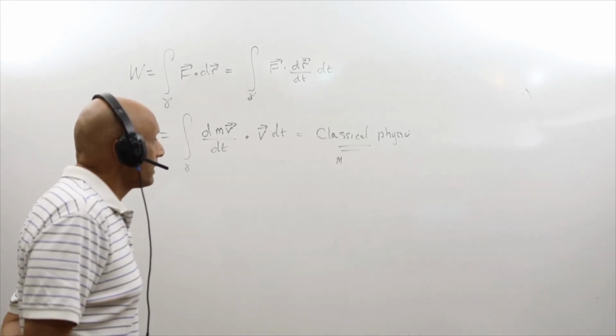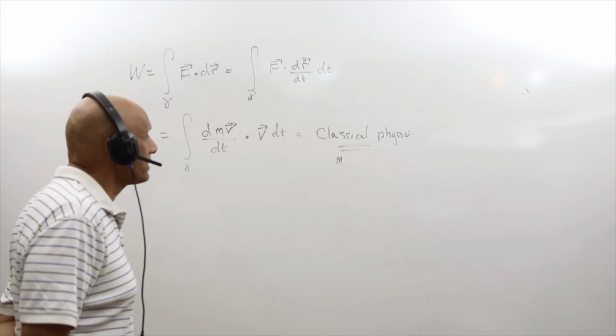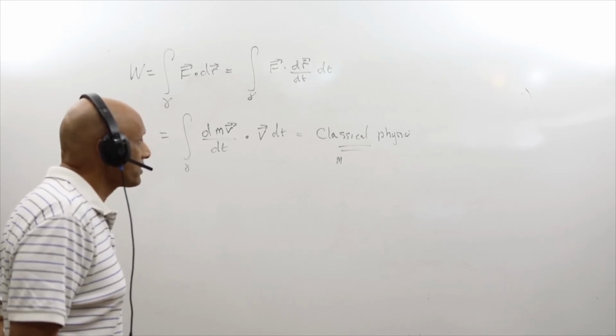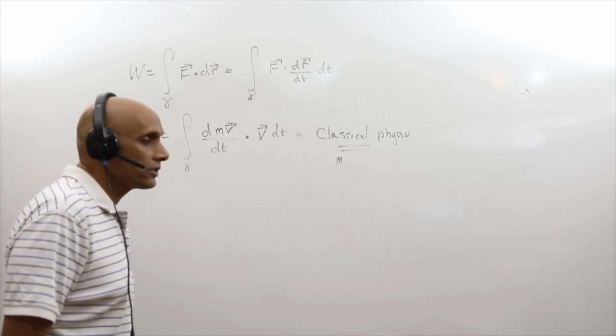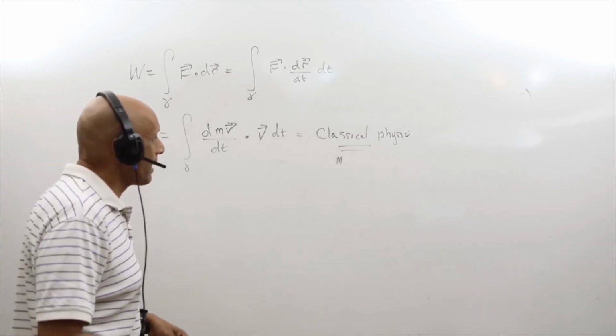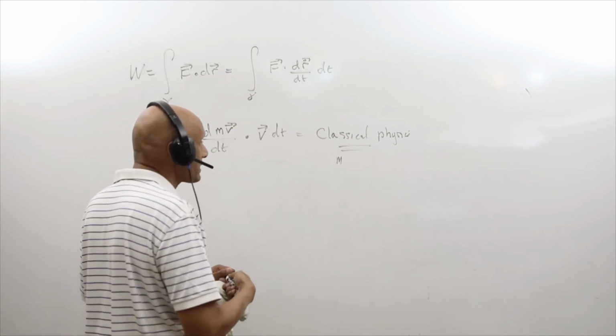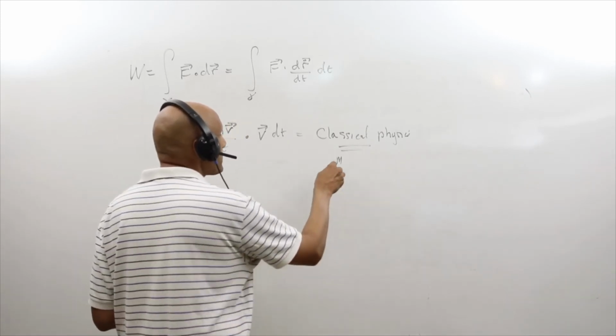But the effective mass, or the effective momentum of an object, does change when the velocity approaches a significant fraction of the speed of light. But in classical mechanics, we just have to assume that this mass or this momentum does not change in time, and mass can be factored out. This is only true in classical physics.